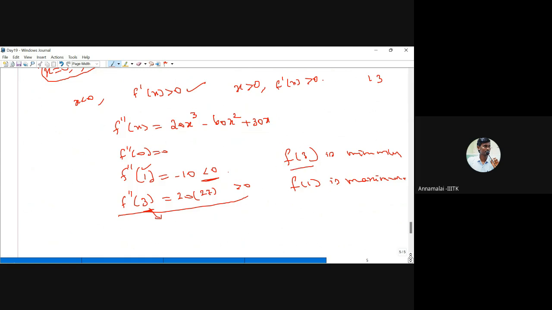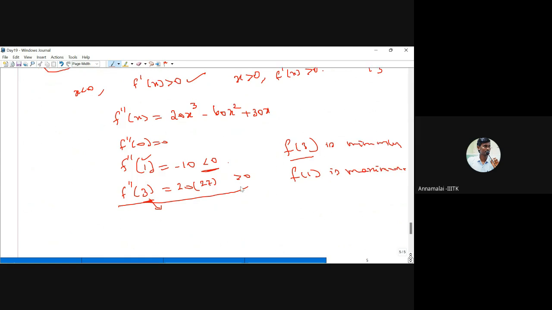Okay. So that is the idea. So maybe any doubt in this? So that is a simple idea: how to find the maximum and minimum. You have to take the derivative, set it equal to 0, and find the values of x. Then you have to find the second derivative and substitute the values in it. If you get a negative value, the maximum exists at that point, and then you substitute that point in the given f of x to get the maximum value.